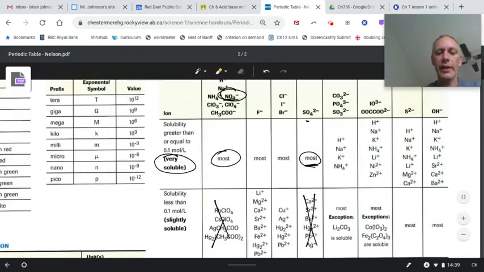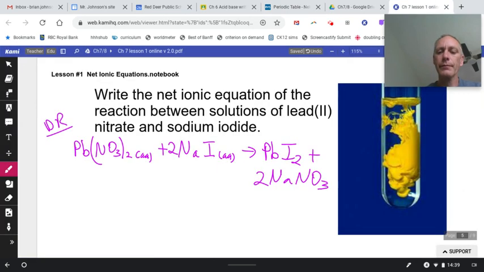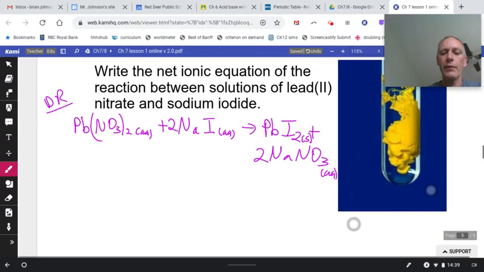So nitrates, high solubility with everything. So Na plus is in there. PbI2, so here's iodide, and here's Pb, low solubility. So that means that one's a solid. Solid, aqueous.